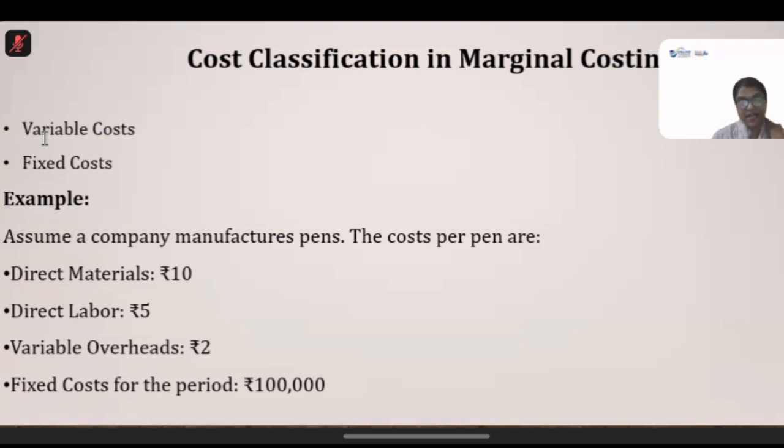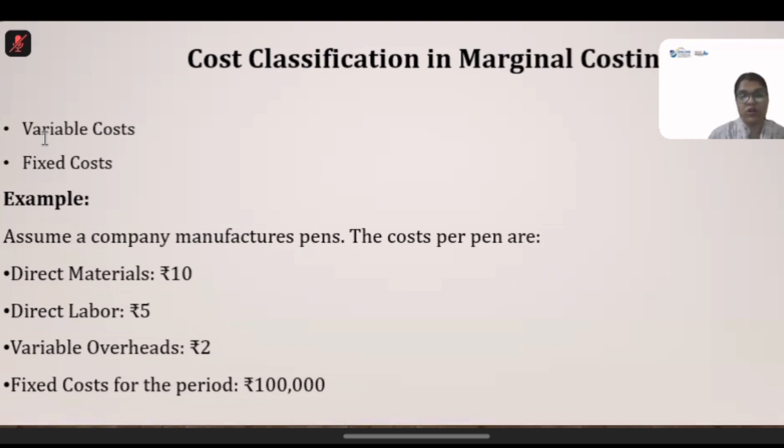For example, direct material, then we have direct labor, variable overheads. So this cost that changes is your variable cost, which cannot remain fixed. Like depreciation also. You cannot say what would be the net depreciation for the next year. It will obviously change. It cannot be static.